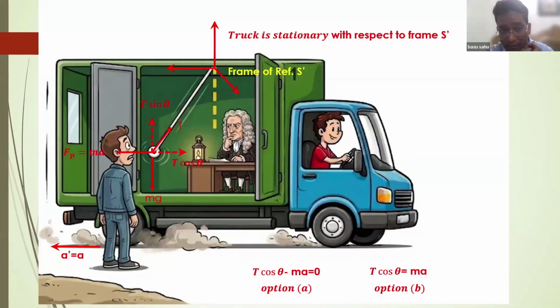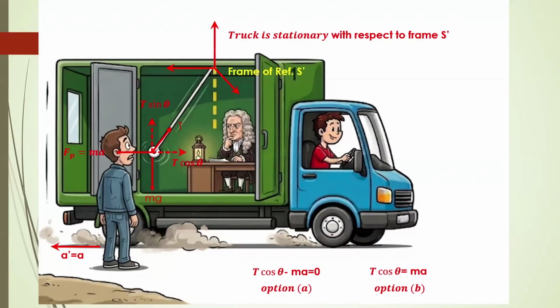Component of? Tension. Sir, no, pseudo force, MA. If you just talk about FP equal to MA, whatever I have written there, is that a force or what is this? Something else. Sir, probably I may not be correct.